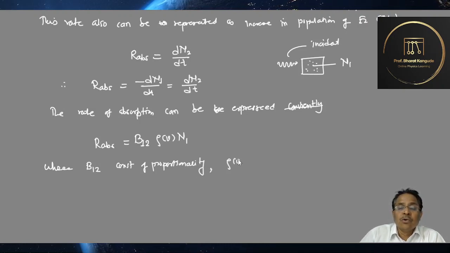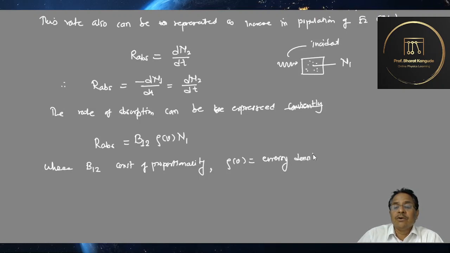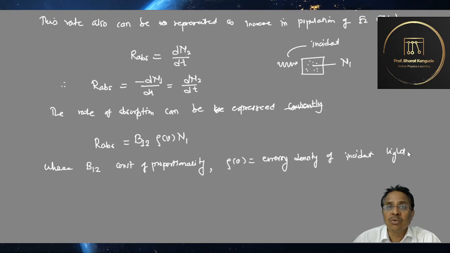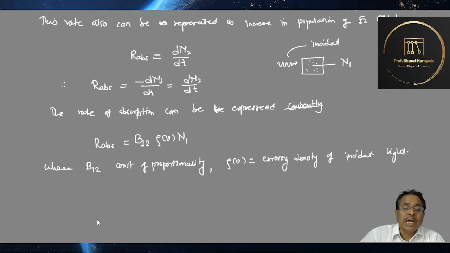Then this rho nu is said to be the energy density of incident light, or it can also be the number of photons per unit volume per unit area, whatever we can use. That's why it's a number density or energy density of the incident light.